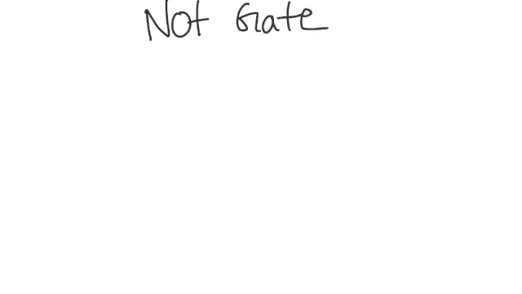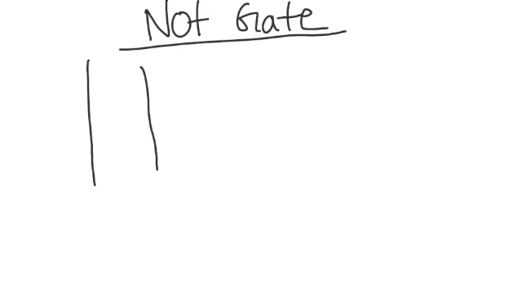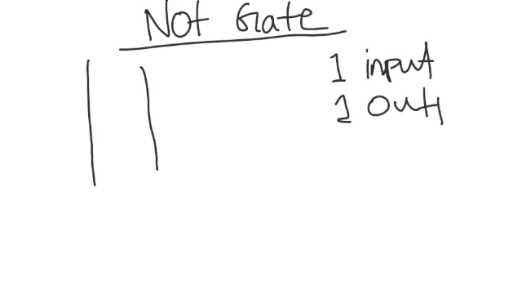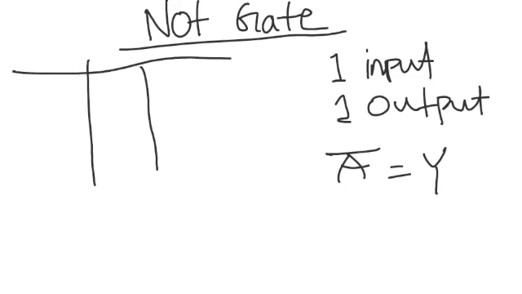Let's go to the NOT gate. The NOT gate has one input and one output, which is A equals to Y. So the table is also going to be small like this.